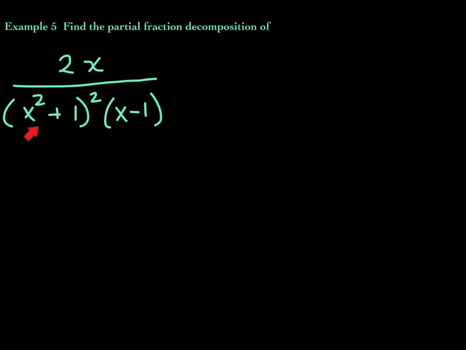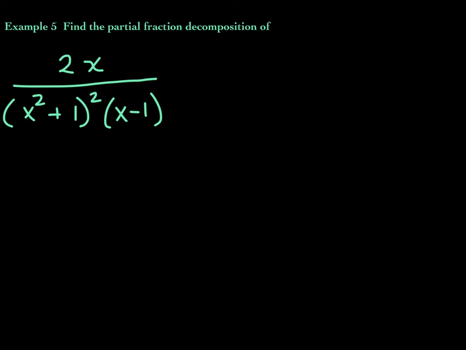This one's a quadratic factor, so it's just like the previous example, except this quadratic factor is being repeated. That did not happen in the previous example. So this example that we're concluding our lesson on has a repeated quadratic factor. This is the first time we're seeing this.